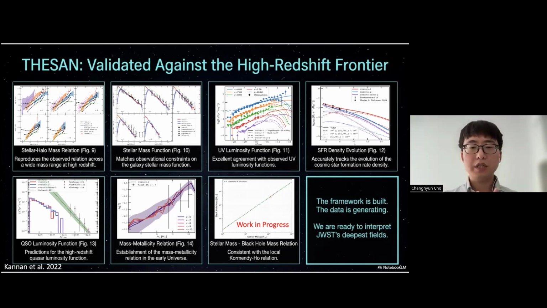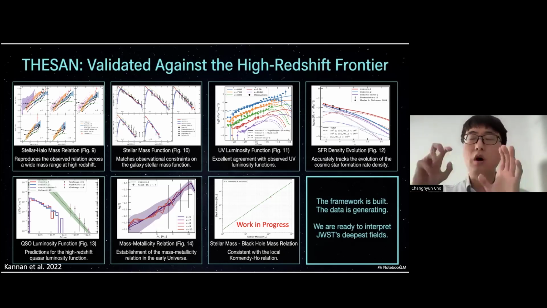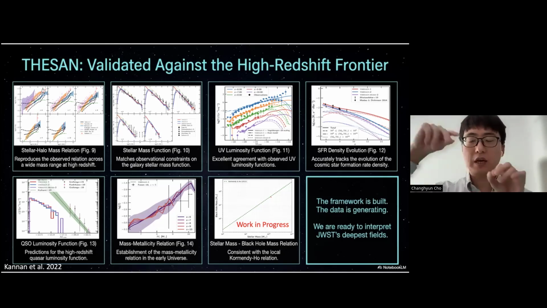Or when the redshift is low, especially for higher mass elliptical galaxies, we see some kind of radio jet coming out. So for low accretion rate, I'm trying to put that kind of phenomenon into the THESAN-Zoom simulation.